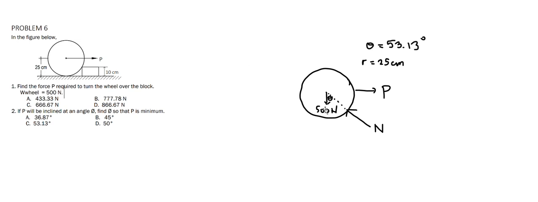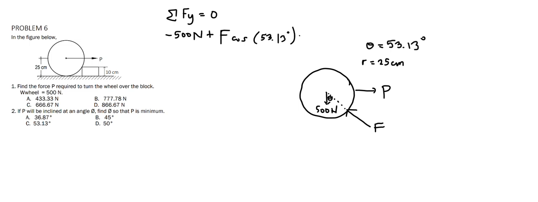So to solve for force P, we can make use of the equations of equilibrium, that is summation of force x and summation of force y. So taking summation of force horizontal to solve for N, we have negative 500 newtons plus force N. Instead of representing this as N, let's call this force F, so that we don't confuse newtons and force N. So this is negative 500 newtons plus force F cosine of theta, that is 53.13 degrees, equal to 0.